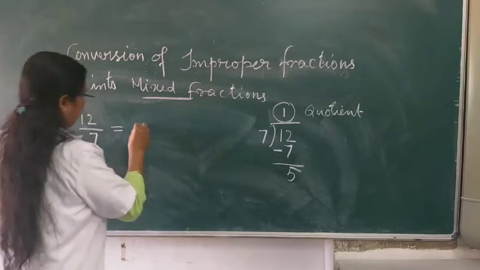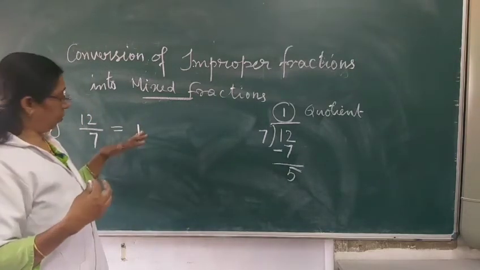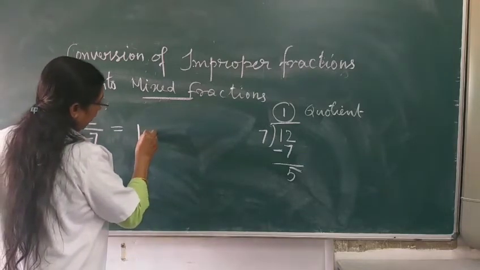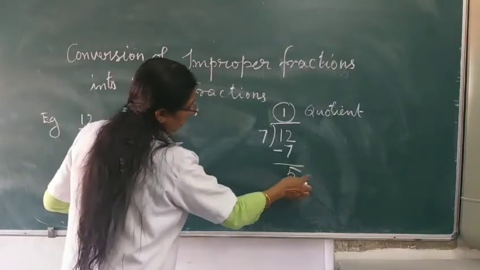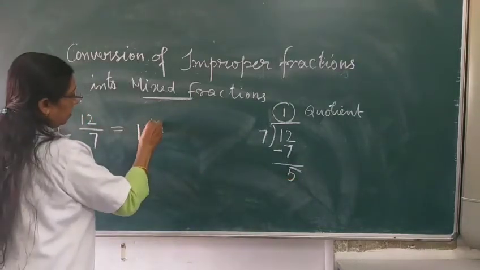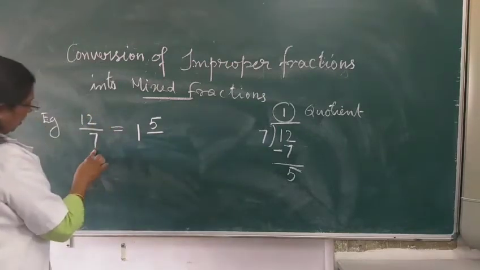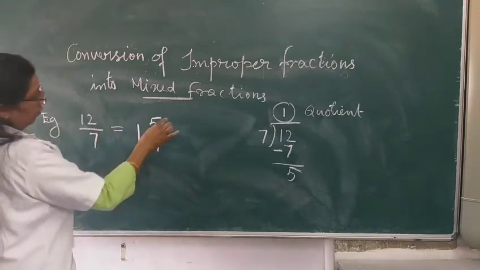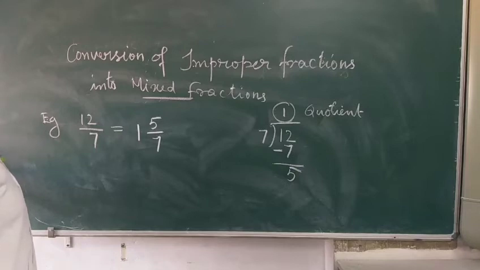Children, we want the whole number and a proper fraction. Here you write the proper fraction: the remainder is the numerator and the divisor is the same denominator. Write the same denominator here. 1 and 5 by 7 is the mixed form of 12 by 7.